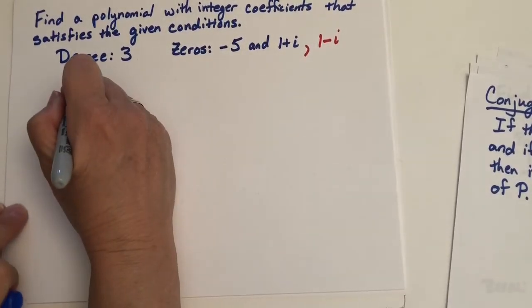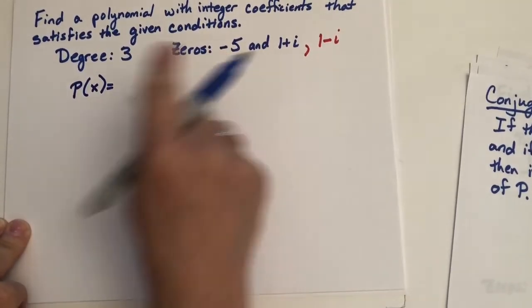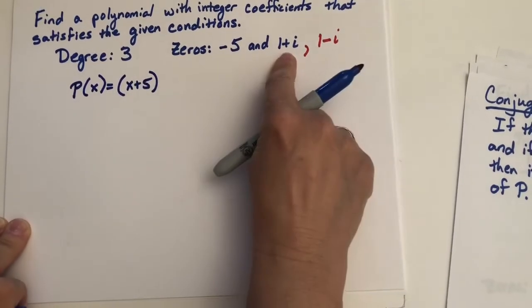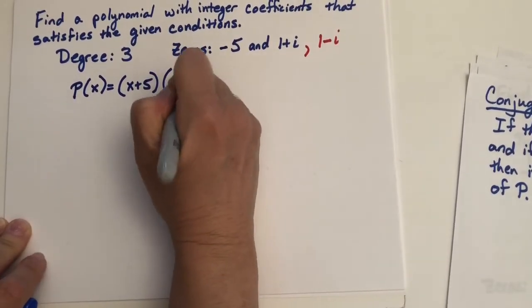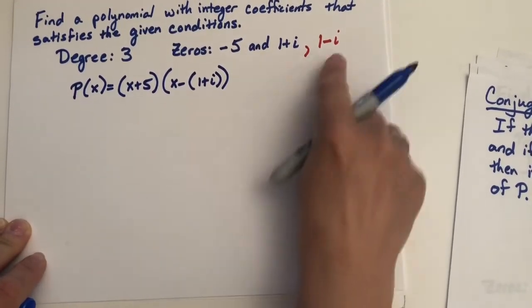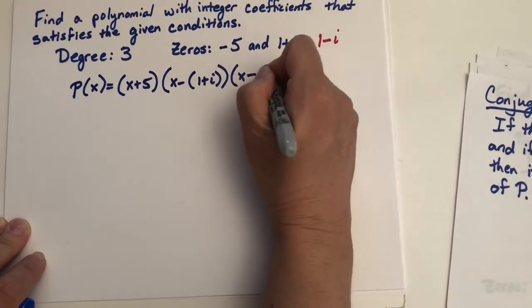So our polynomial could look like this. x minus negative 5 times x minus (1 plus i) times x minus (1 minus i).